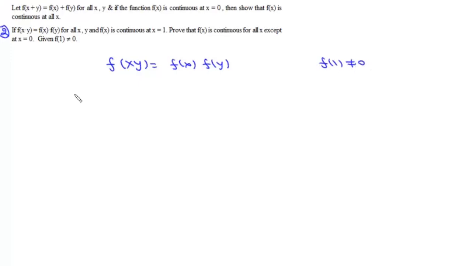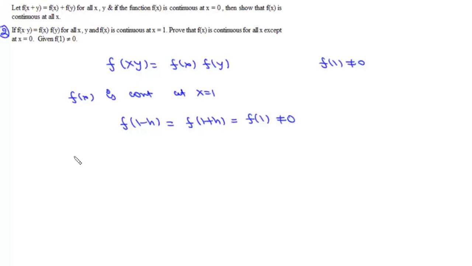Now it says f(x) is continuous at x equals 1. Now that means f(1 minus h) will be equal to f(1 plus h), and they'll be equal to f(1), and none of it is equal to 0.